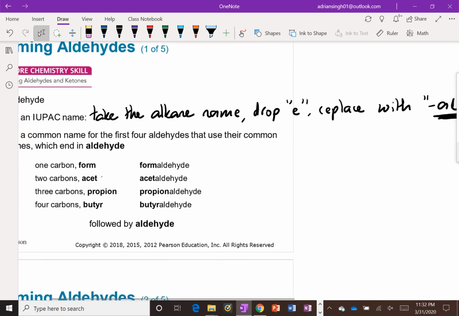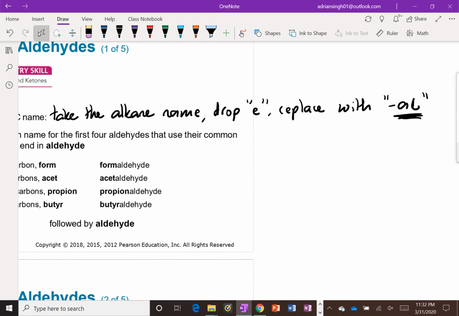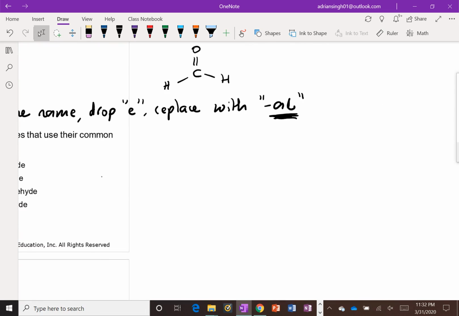All right, so for example, if I had a 1-carbon aldehyde, which would be this, right? A 1-carbon alkane would be methane. So what we're doing is we're going to drop that E and replace it with AL. So a 1-carbon aldehyde would be methanal.